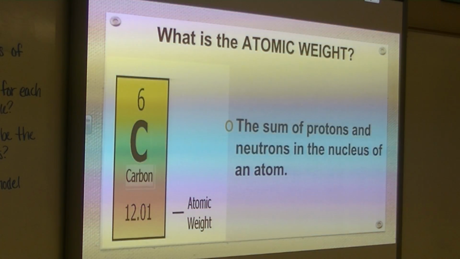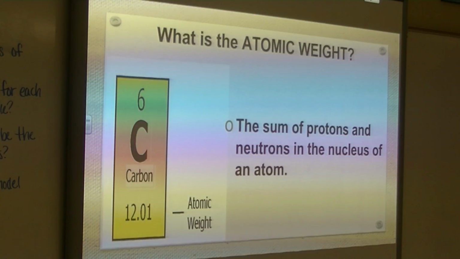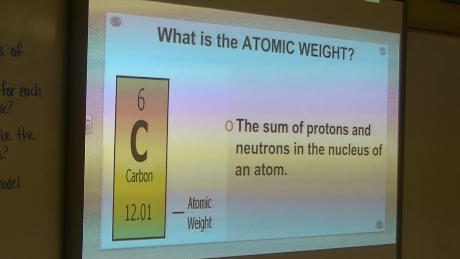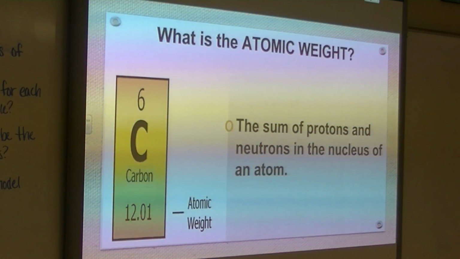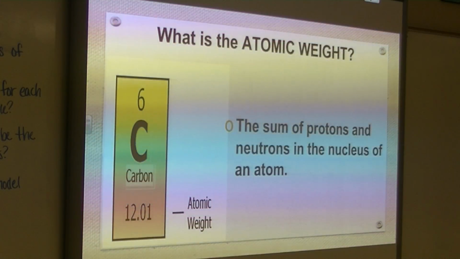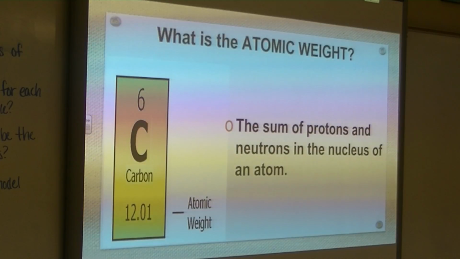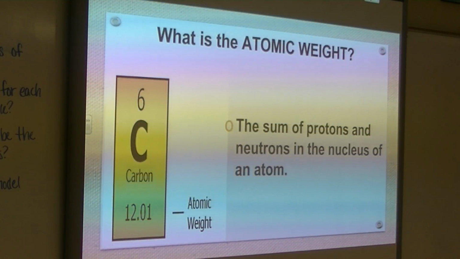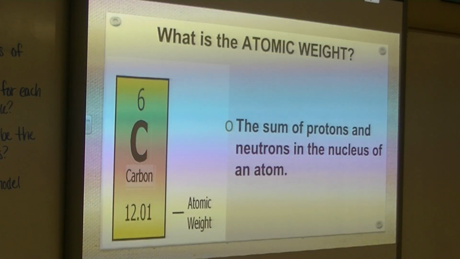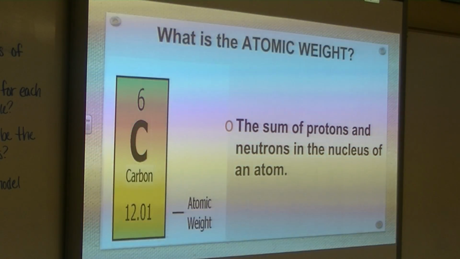So, if you think about the definition of the atomic mass, it's the sum of the protons and neutrons. So if you subtract from that number the atomic number, which is the number of protons, then you get the number of neutrons. So the blank on your notes is the number of neutrons equals the atomic mass minus the atomic number.